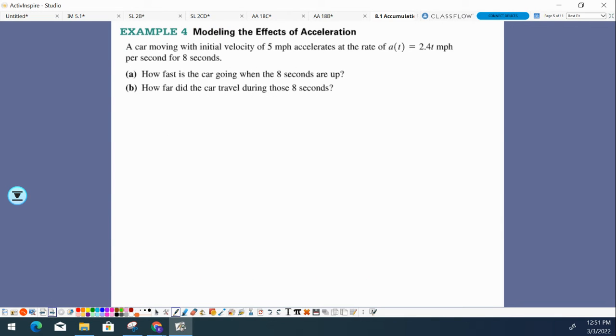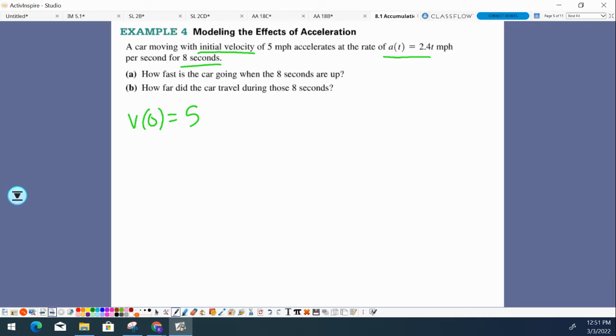All right, example 4. So modeling the effects of acceleration. A car moving with an initial velocity. Initial velocity is v of 0 equals 5 miles per hour and accelerates at a rate of 2.4 t miles per hour for 8 seconds.